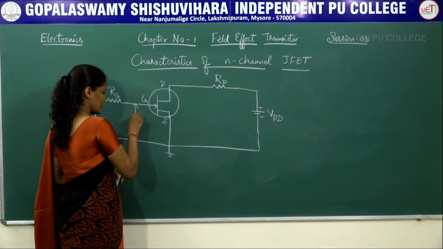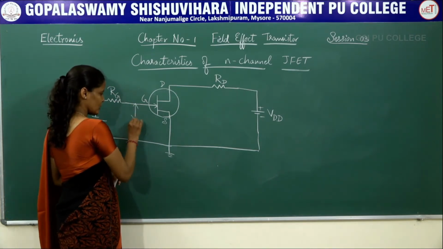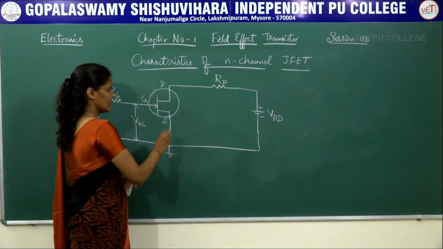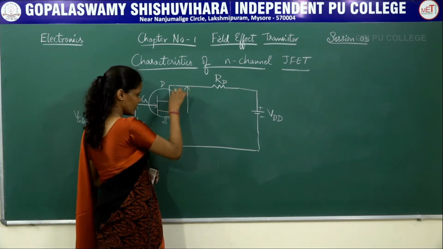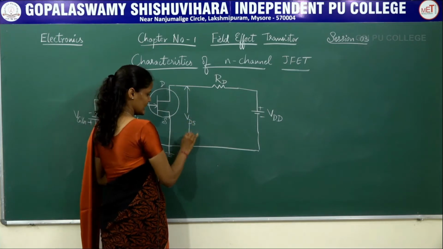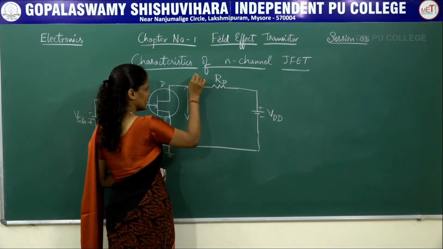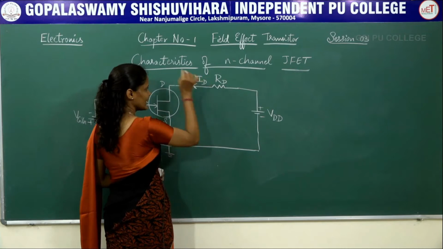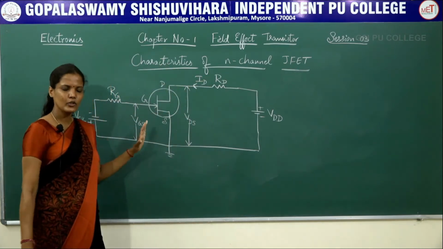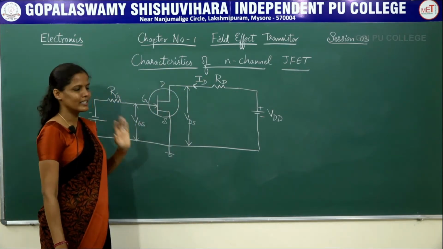The voltage I am going to measure between the gate and the source will be VGS. The voltage we are going to measure between the drain and source is VDS, and here the current will be named as ID.